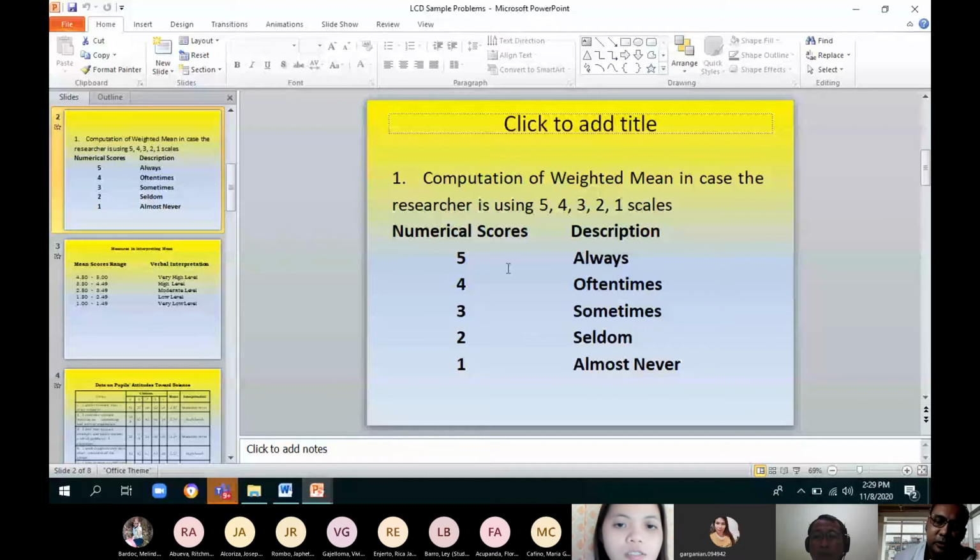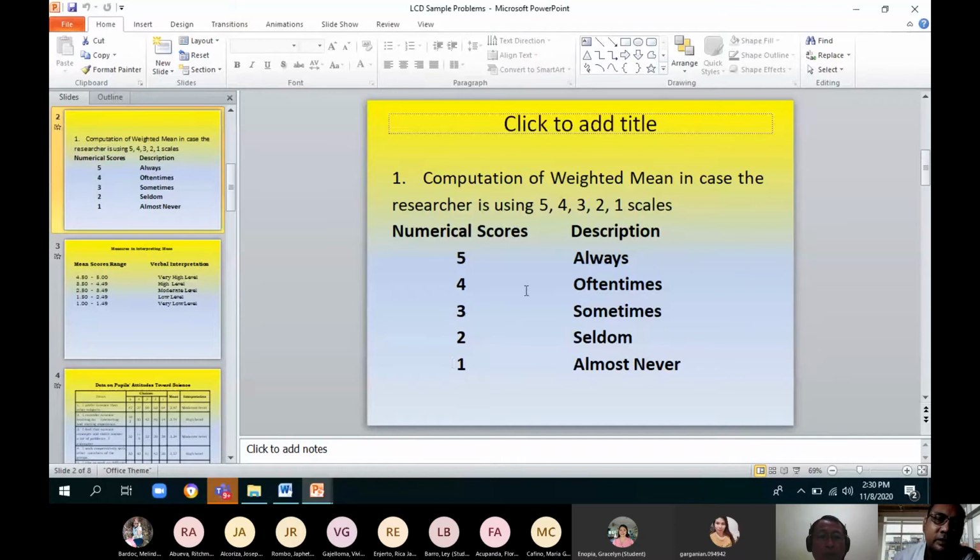Now, always try to refer to our mean. Meaning to say, that is what you call weighted mean. The computation of weighted mean in the case of the researcher is by using these scales: 5, 4, 3, 2, 1.